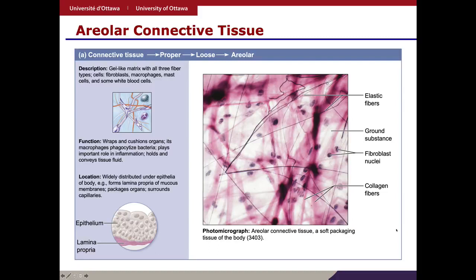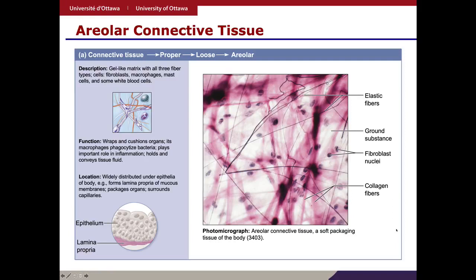other tissues. It's found surrounding blood vessels, nerve bundles, muscles, and organs, and also fills the spaces between organs and forms the lamina propria, a thin layer of connective tissue that forms part of the moist linings known as mucous membranes or mucosa, which line various tubes in our body, such as the respiratory tract, the gastrointestinal tract, and the urogenital tract.